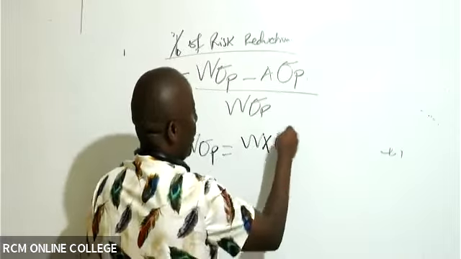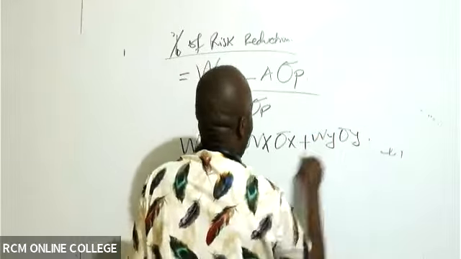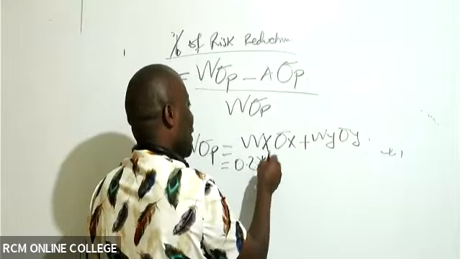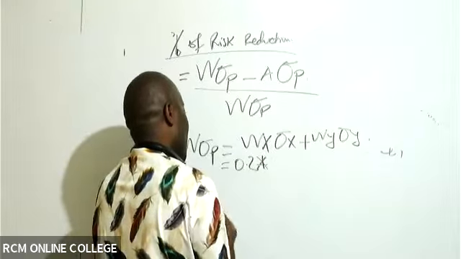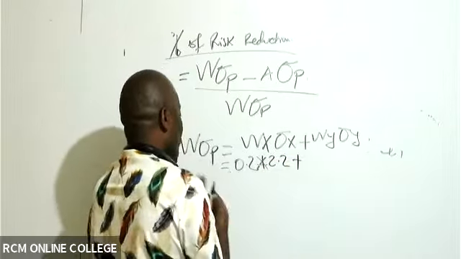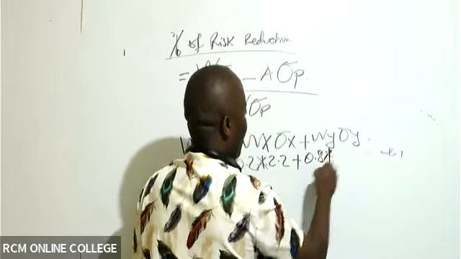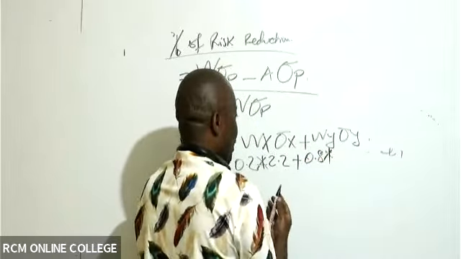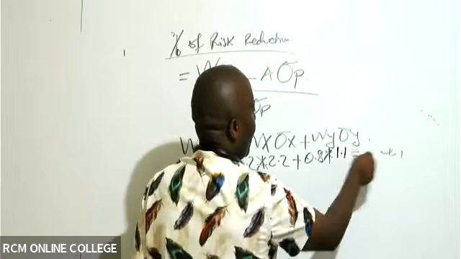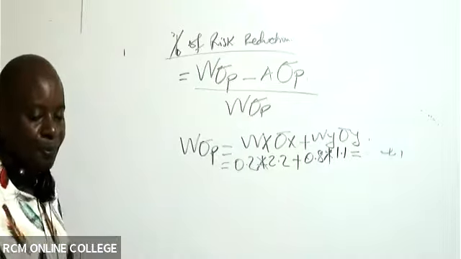You take weight X times standard deviation X, plus weight Y times standard deviation Y. So weight X is 0.2, standard deviation X, you gave me the figure, it was 2.2, plus weight Y, if I remember very well, this was 0.8 times standard deviation Y, which was 1.1. So are you able to give me the weighted standard deviation of the portfolio?